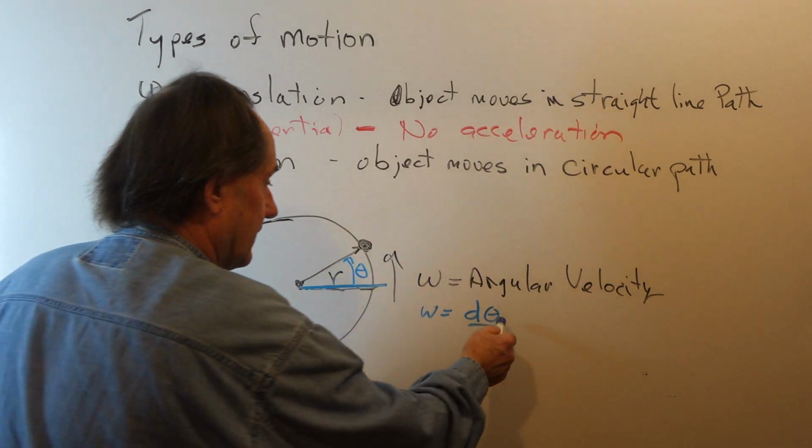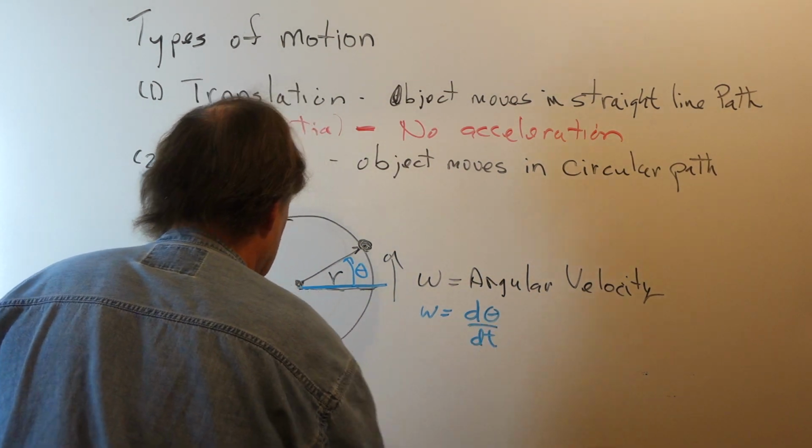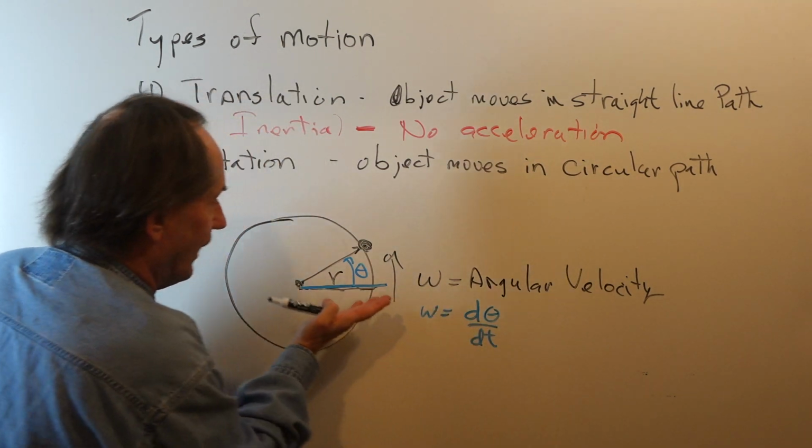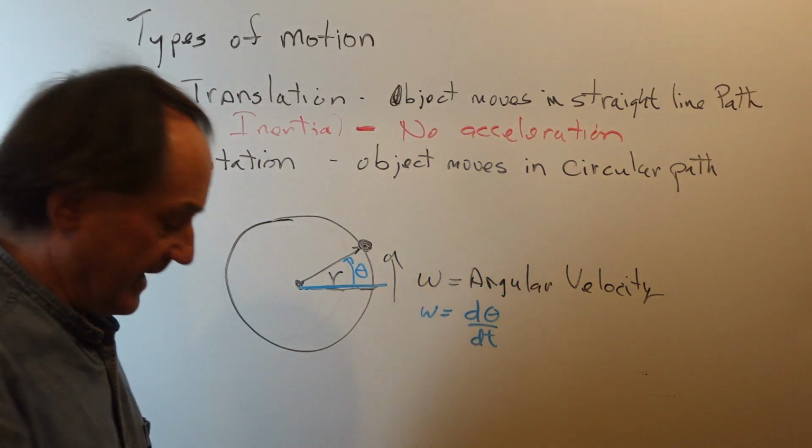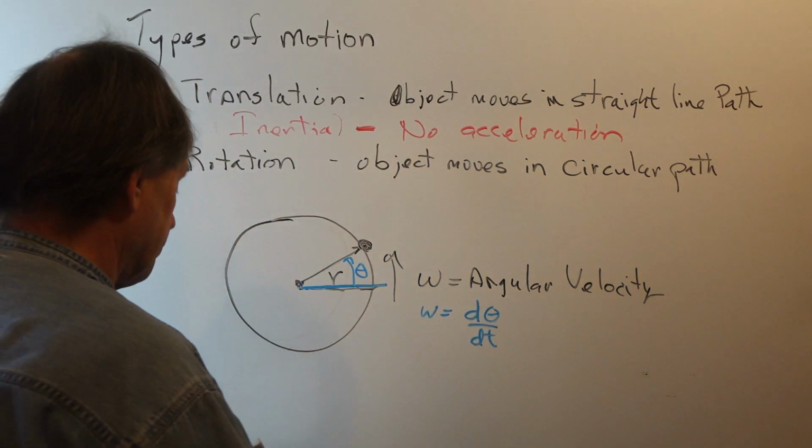We have change of angle over change of time, and that gives us the rate at which the angle changes with time. We call that angular velocity.